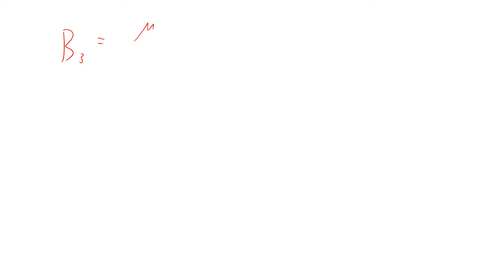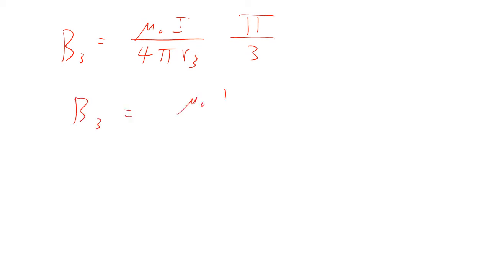Well, that's going to be mu naught I over 4 pi R3. Well, the angle is 60 degrees. So 60 degrees is pi over 3. So B3 is going to be mu naught I over 12 R3. Okay. So that's I2, sorry.